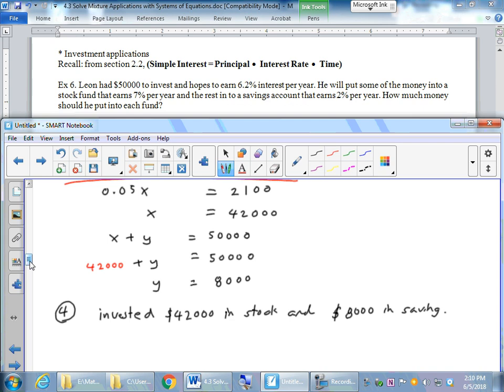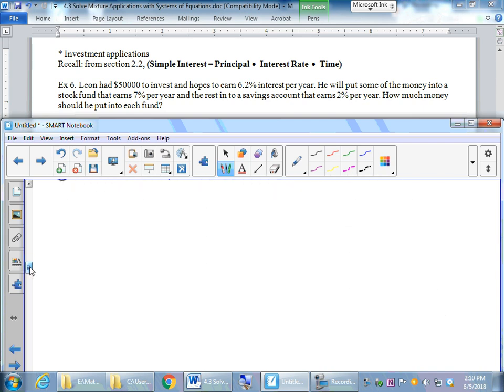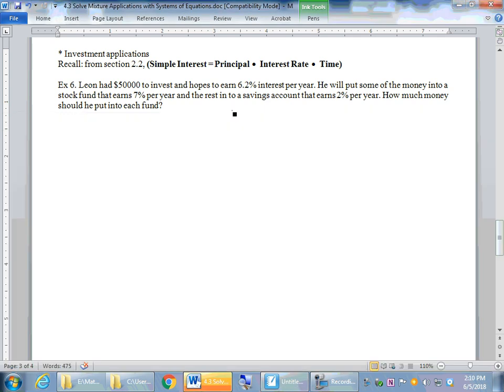And this will be my final interpretation for this example 6. So let's take a look at the next example, example number 7.